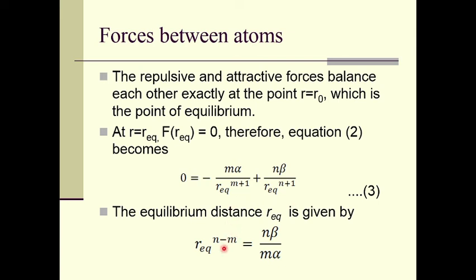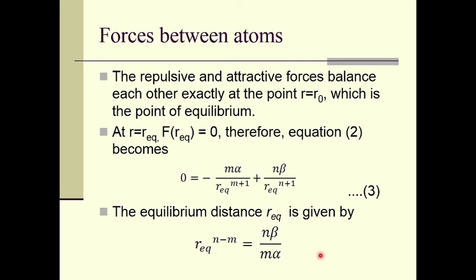And again if I rearrange, that means if I subtract the denominator exponent, we get r equilibrium raised to n minus m is equal to n beta upon m alpha.